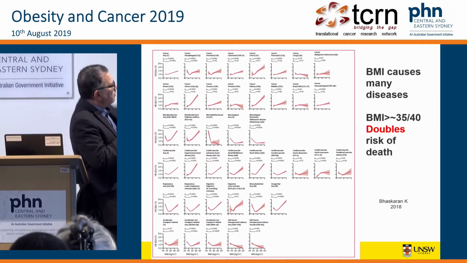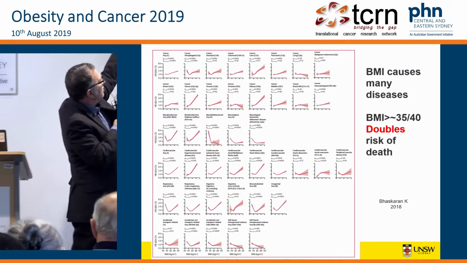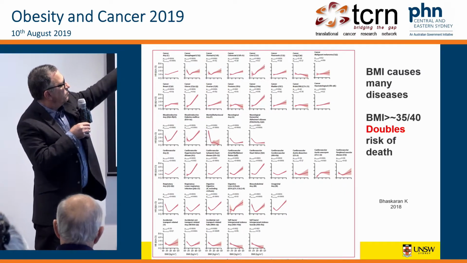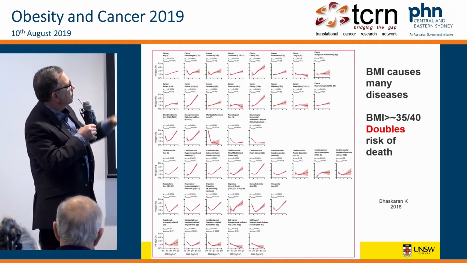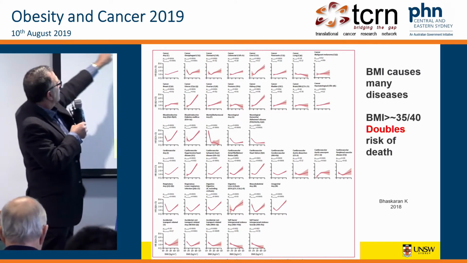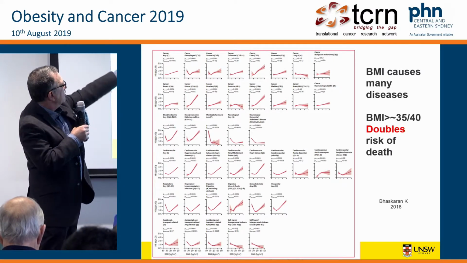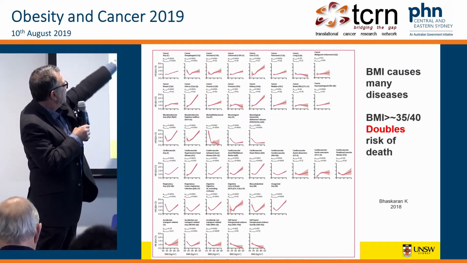The squigglies that go up are the ones that are bad for you, and the top line is the cancers. Okay, there's a few cancers that are associated with BMI. There's some that are not. Lung cancer, for example, is not. And then the second row is cancers as well. The third row is cardiovascular and endocrine diseases. Sorry, blood and endocrine, mental behavioral.